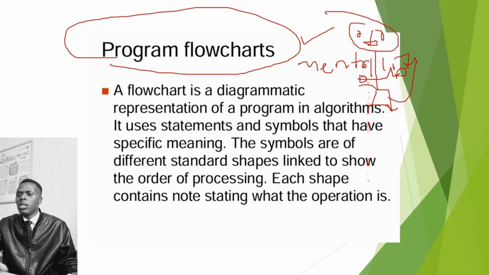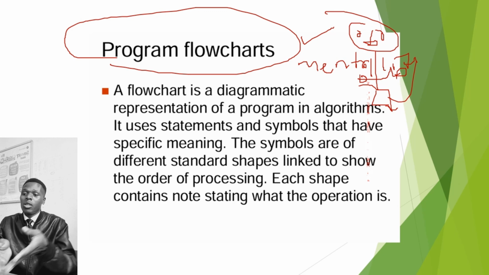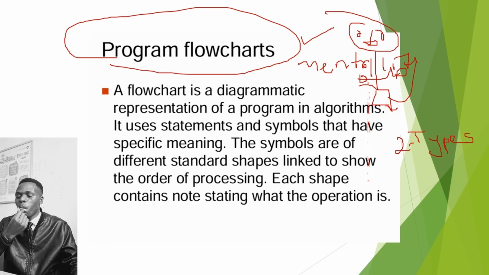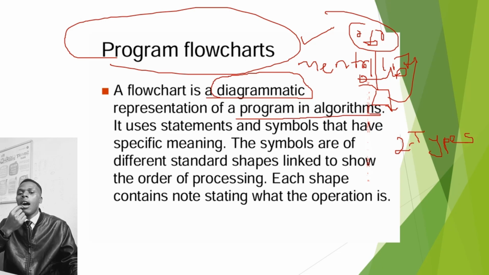So what is a program flowchart? Remember, there are different types of flowcharts. We will mention a few here, but a program flowchart is our area of specification now. A flowchart is a diagrammatic representation of a program or algorithm.